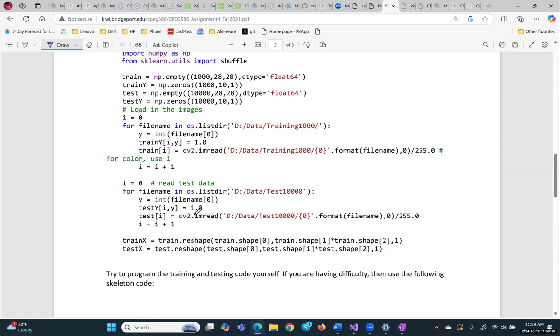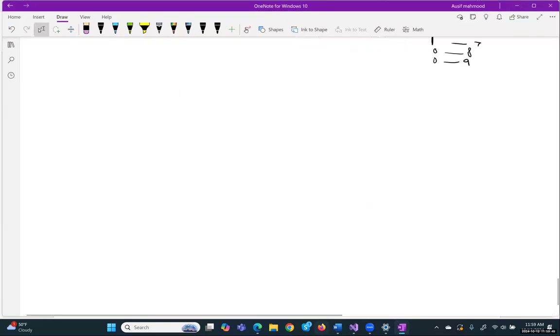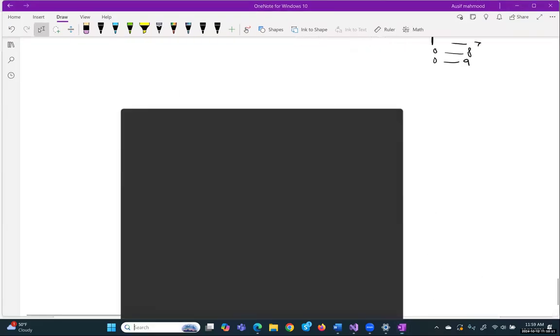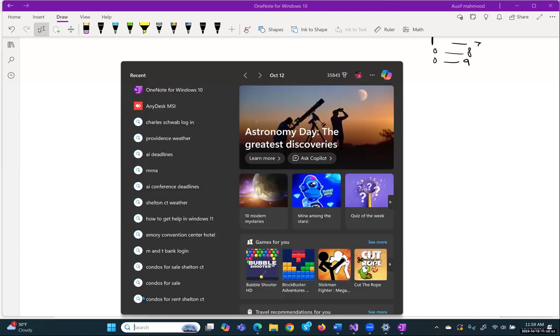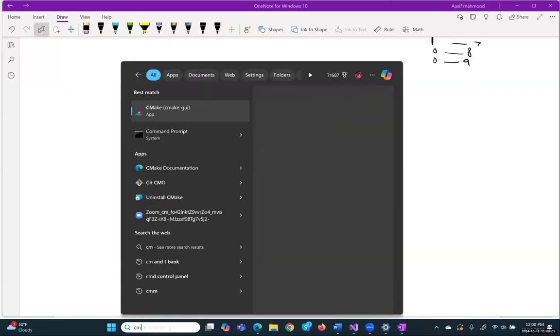Anyway, I'm using the OpenCV library. So what you will also need to do is install it, hopefully you've already installed it. Let me show you, in case I forget and down the road you need to install another Python library. What you will do is go to the command prompt.